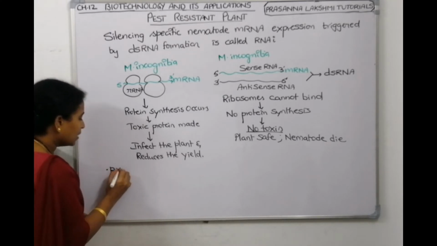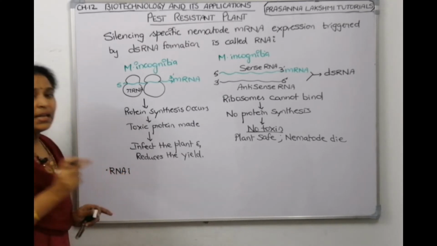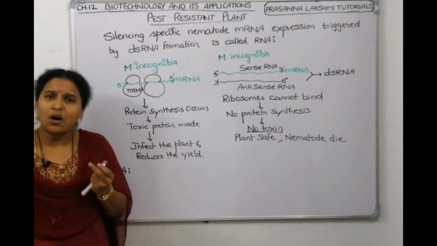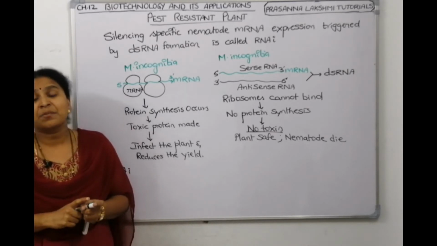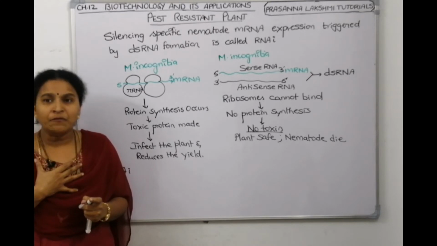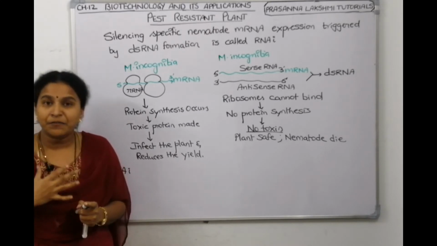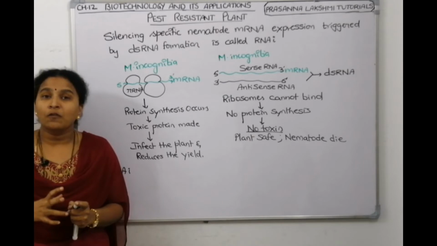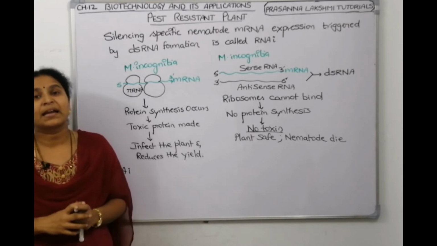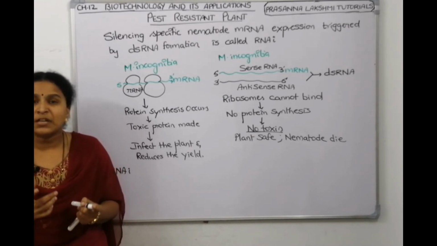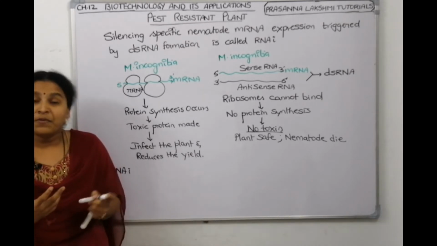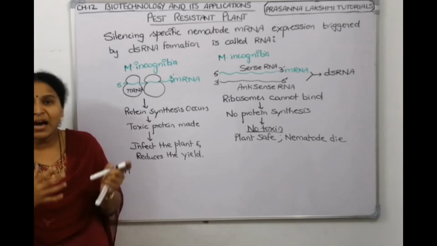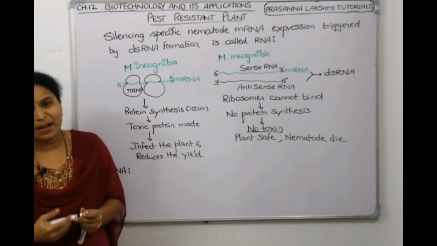We say that RNA interference occurs in all eukaryotic organisms as a mechanism of cellular defense. All of us have an RNA interference mechanism as a mechanism of cellular defense. Defense means we have this mechanism for protecting ourselves. We are now using it to prepare a tobacco plant.